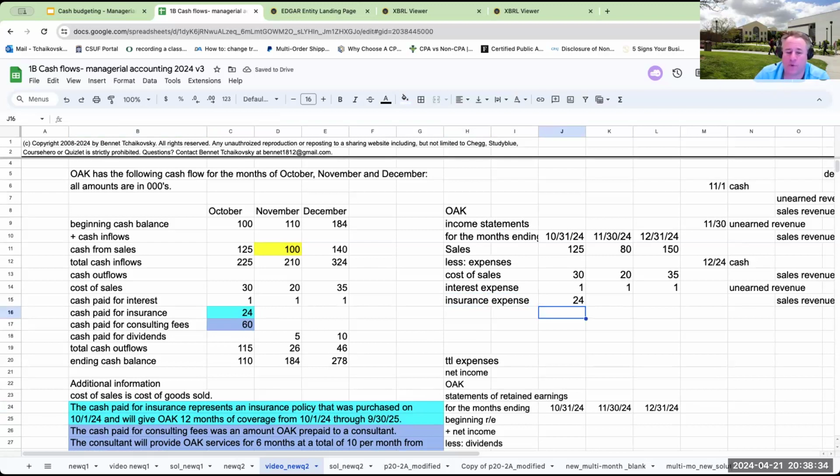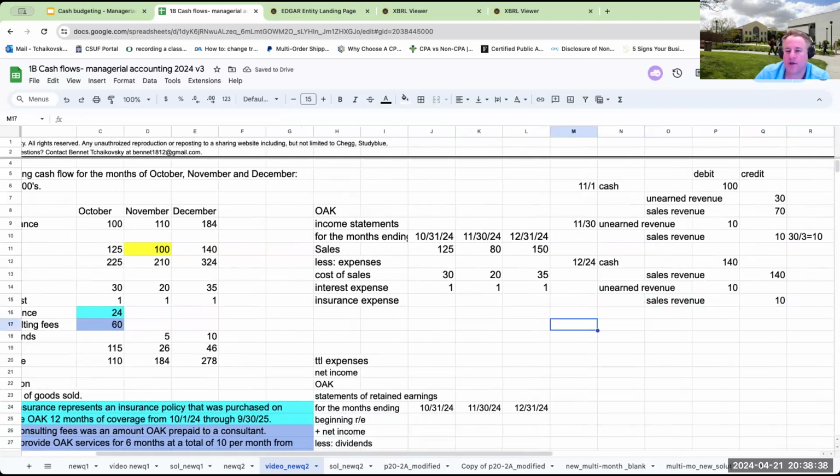No, that would be the wrong answer, right? That's the amount we paid in terms of cash. And in fact, on 10/1, we basically debited prepaid insurance for 24 and we're crediting cash for 24. That's what we did on October 1st.